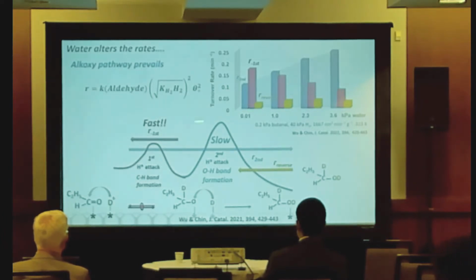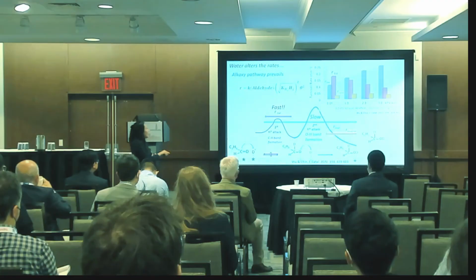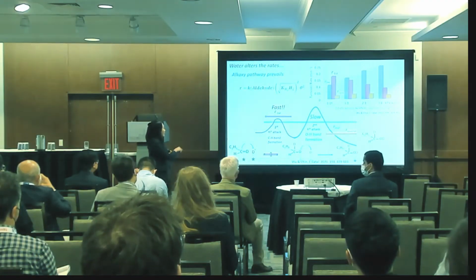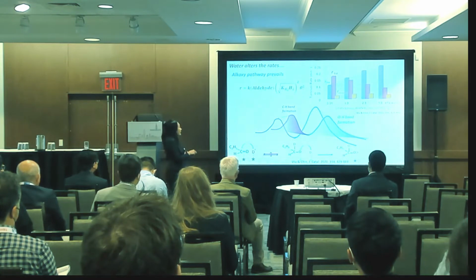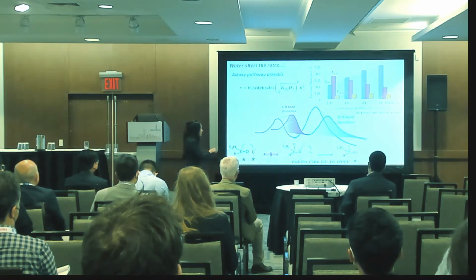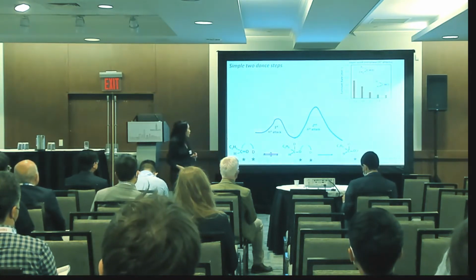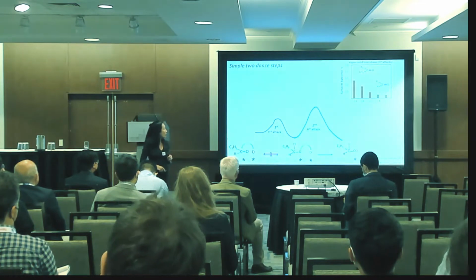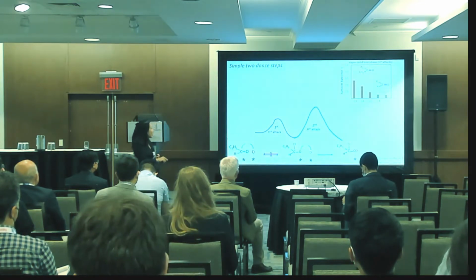The reverse reaction rate, which used to be fast, gets slower and slower as we add water. So this part is changing, and this part remains essentially similar. This indicates that this step is being promoted and that one is changing, so water has now altered the free energy landscape of this reaction. And we do so for a series of aldehydes and ketones.